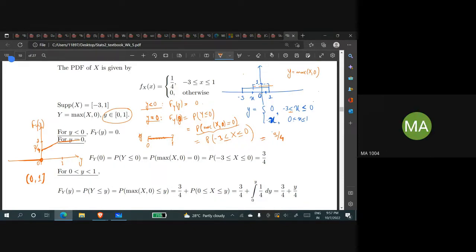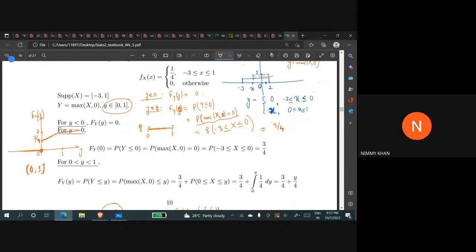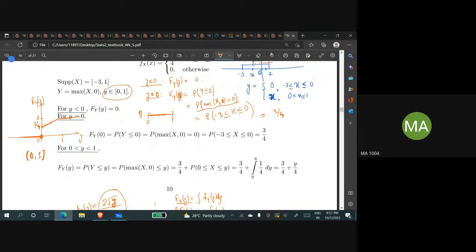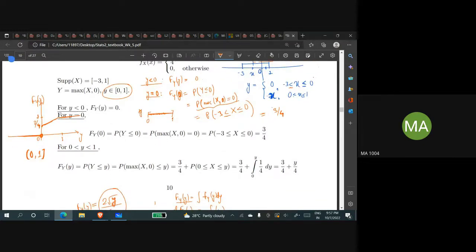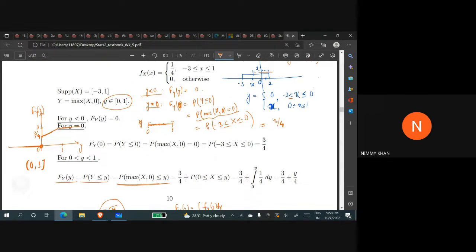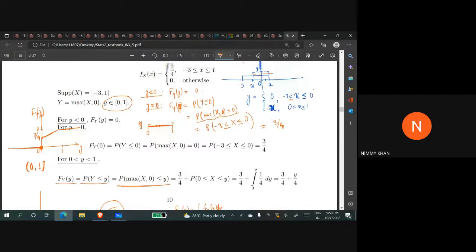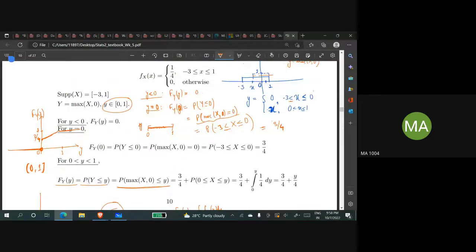And now we have to look at what happens when Y lies between 0 and 1. Using the CDF, F_Y(y) is the probability Y less than or equal to y, and Y is defined as maximum of X, comma, something, less than or equal to y.